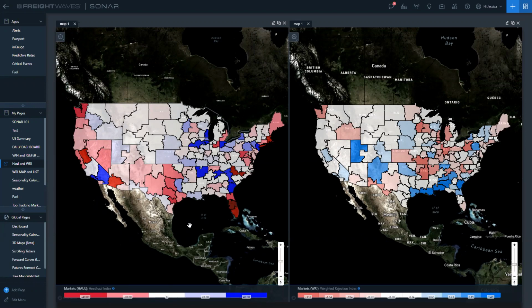And on the right is our WRI. This is our weighted rejection index. The reason I like this is that it takes the weekly rejection change. So what is that change in rejections week over week? If it goes from 5% to 10% week over week, there's a 5% rejection change. It then multiplies that number by how big or small a market is.